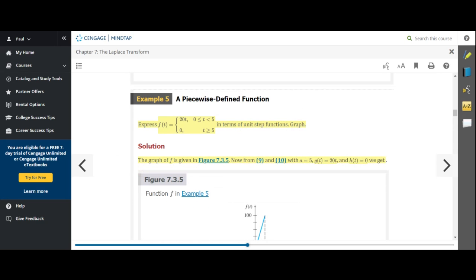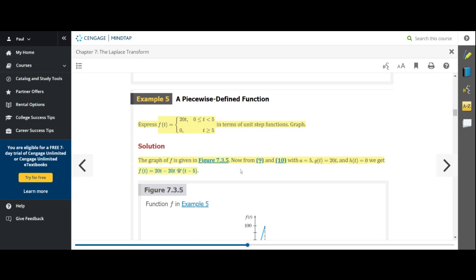There we go. So you can write this function f of t in terms of the unit step function u of t minus 5. F of t actually can be expressed as 20t minus 20t times the unit step function at t minus 5. Because when t is between 0 and 5, the function equals 20t.